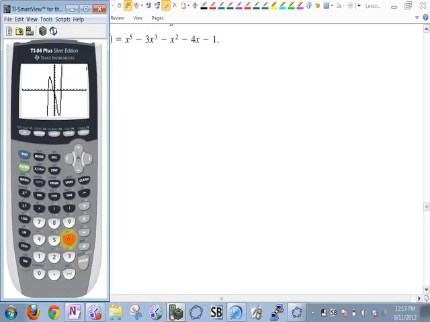If you press zoom and then press the number 6, it takes you to the standard viewing window. Do you believe this is a pretty good view of this graph? I don't really know. I mean, it looks like I see 1, 2, 3 x-intercepts, so there could be 5. So what if it actually comes back down and back up again? I'm not seeing it.